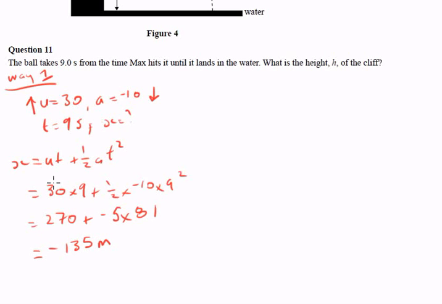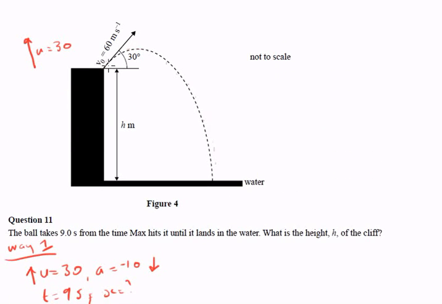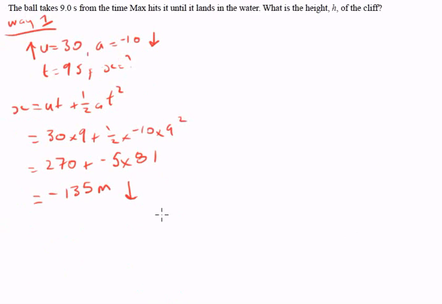That means the distance from the start is 135 down. So on this diagram, from the start here, the distance in the vertical is 135 down. And that's our height: 135 meters. That is way 1.